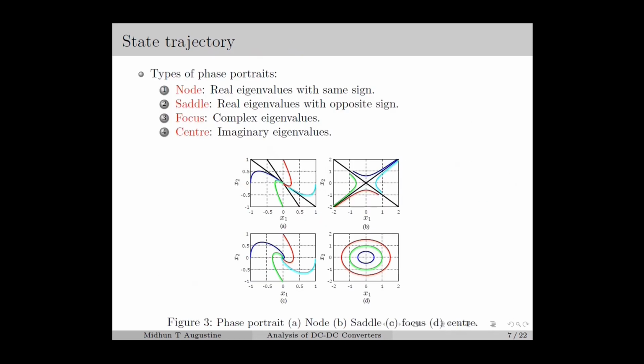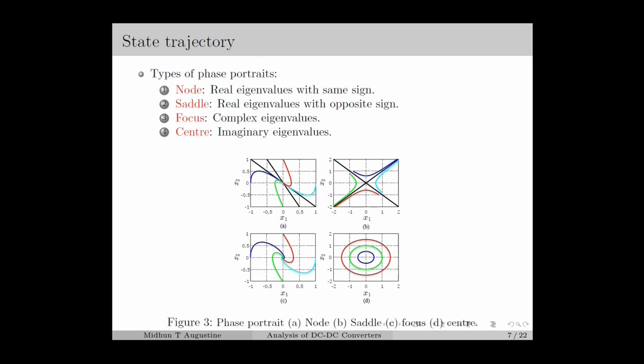Now, based on the eigenvalues of the system matrix A, we can have different classes of phase portraits, which are node, saddle, focus, center, etc. If the eigenvalues of A are real with same sign, we call the phase portrait a node, and it will be as shown in figure 3a. And if the eigenvalues are real with opposite sign, it is called a saddle, which will be as shown in figure 3b.